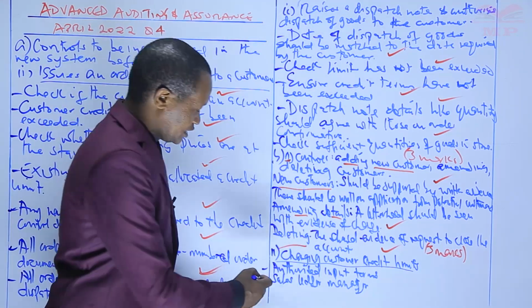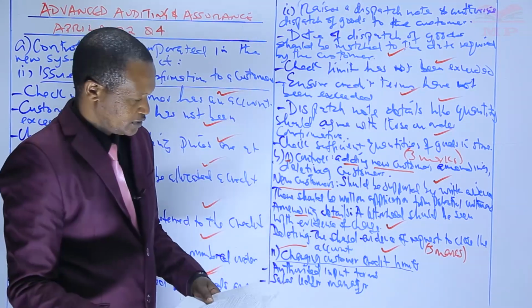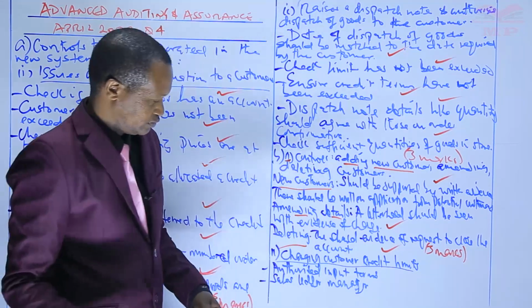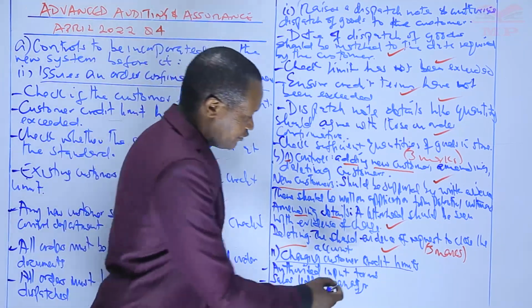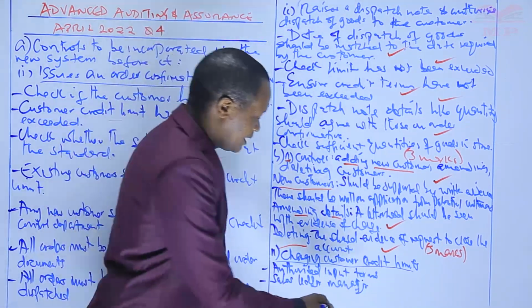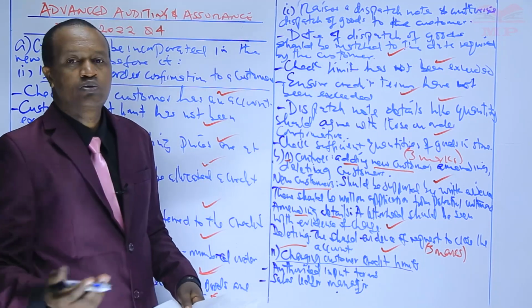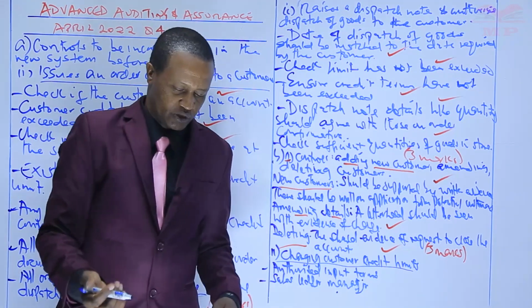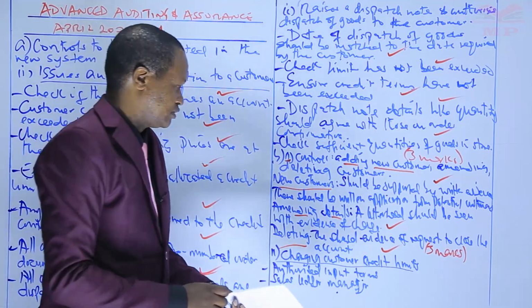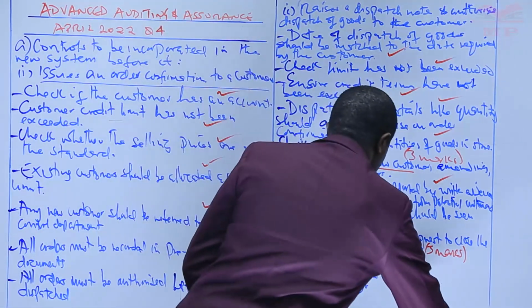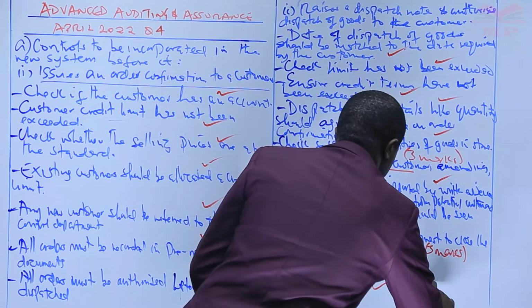So these are 2 points. There is the forms and there is the manager. Those are 2 controls, 2 marks.